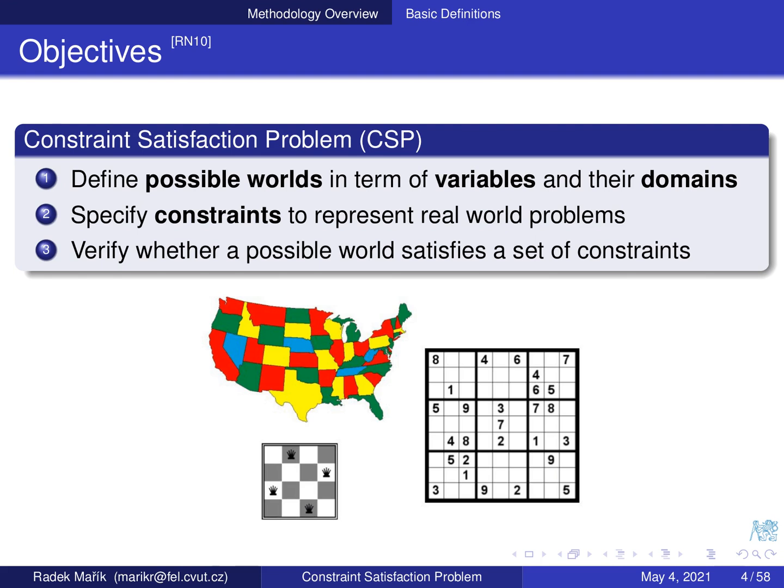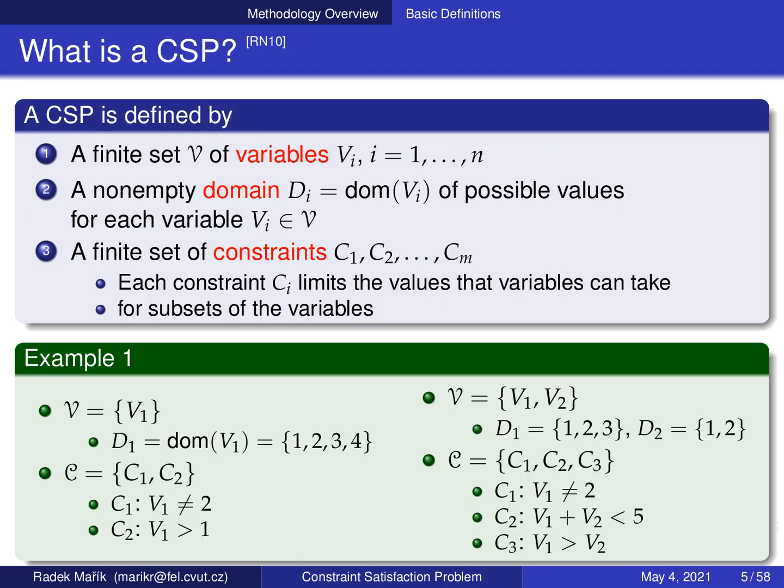So let me specify that formally. A constraint satisfaction problem is basically a finite set V of variables labeled Vi for i from 1 to n. That means we have n variables. Each variable can be assigned a specific set of possible values, and that set is called a domain, and it is non-empty.